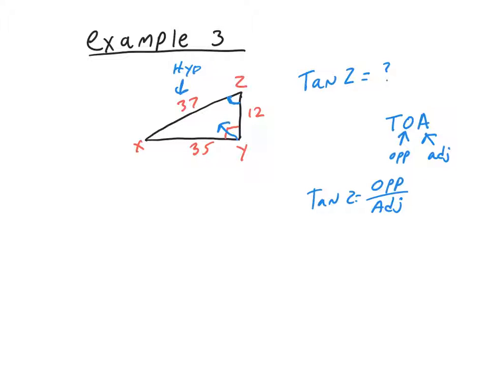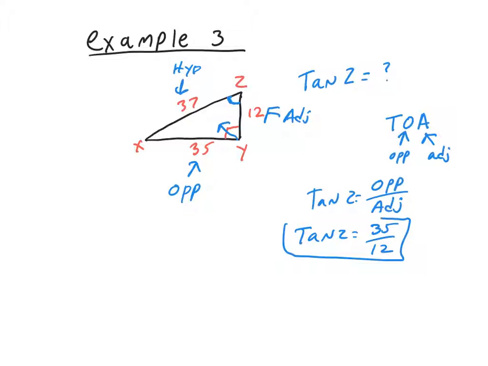The side opposite the Z is 35. And the side adjacent to the Z is 12. So tangent of Z is equal to 35 over 12. And that we cannot simplify.